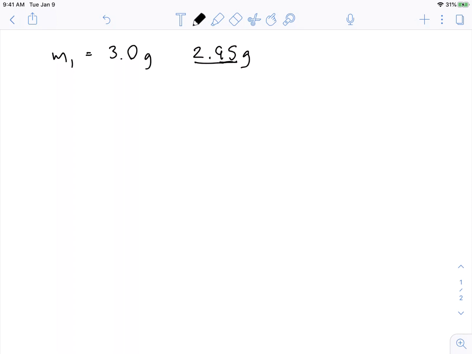So it has to be higher than that because it rounds up and reads 3.0. Or it can be as high as 3.04 repeating nines. Any number lower than that rounds down to 3.0 on the scale.